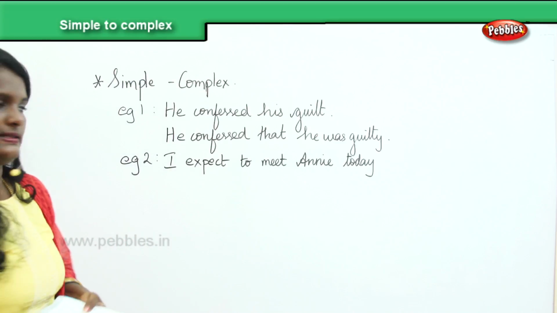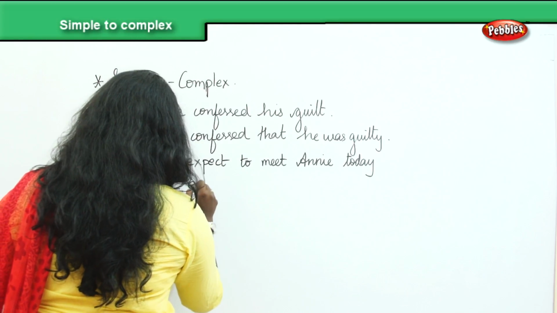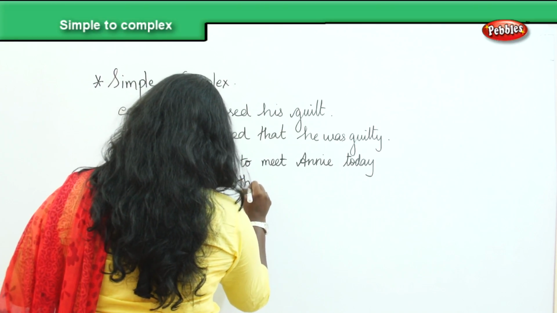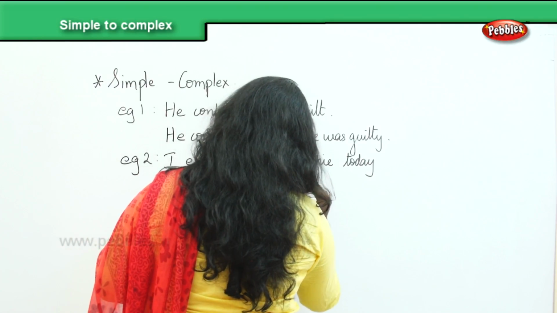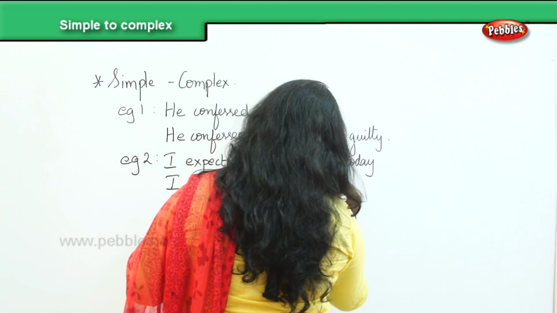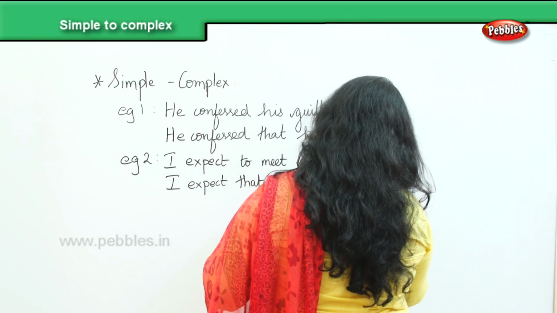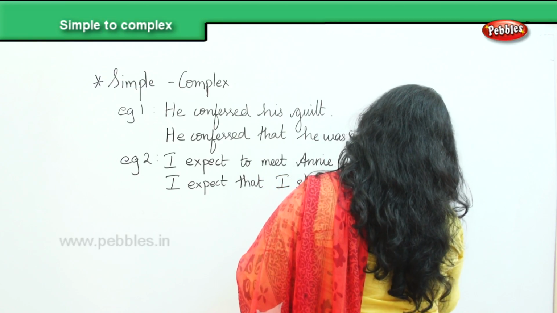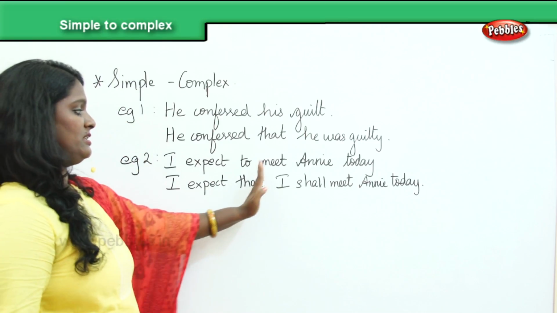That's a simple sentence. I expect that I shall meet Annie today.